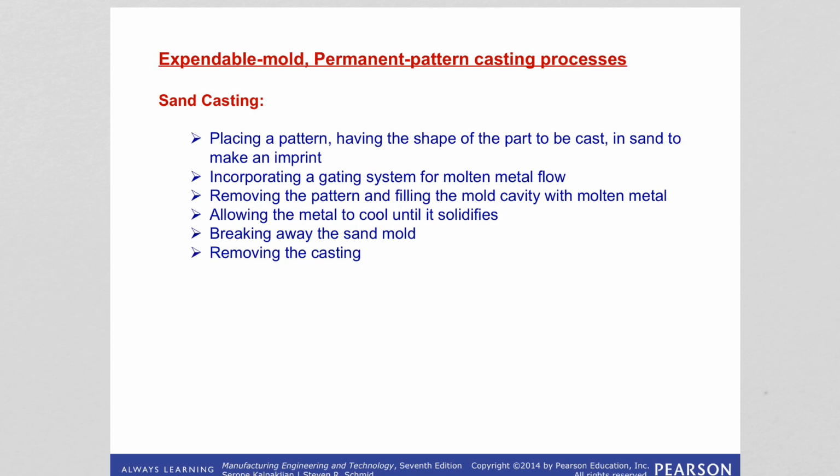When we look under the category of expandable mold, permanent pattern casting processes, we see sand casting. Sand casting is the most common type of casting, and you can produce large parts with it. And it's very simple. You place a pattern. The pattern is the shape of the part that you want to obtain.